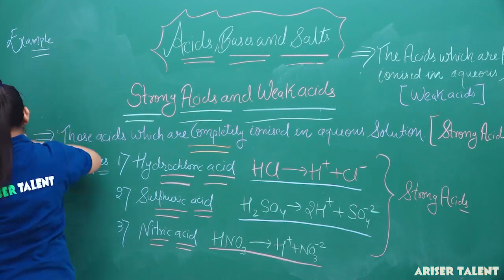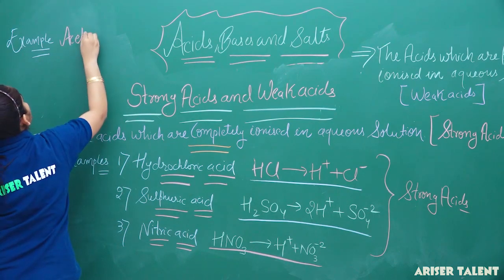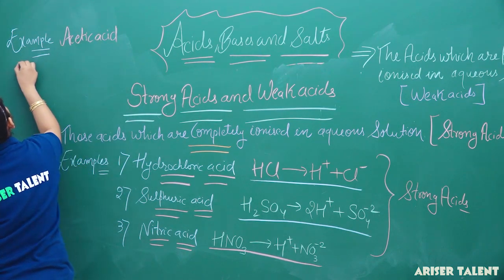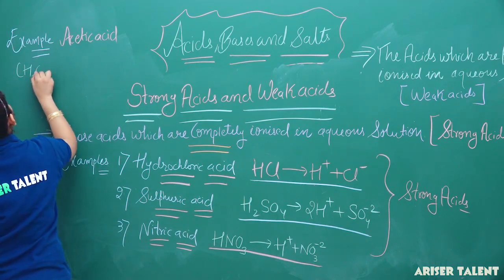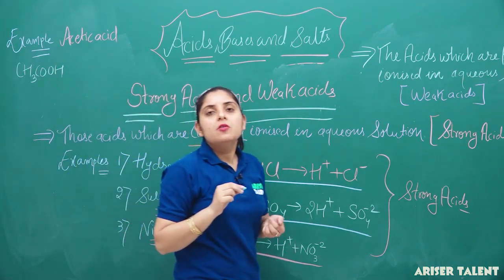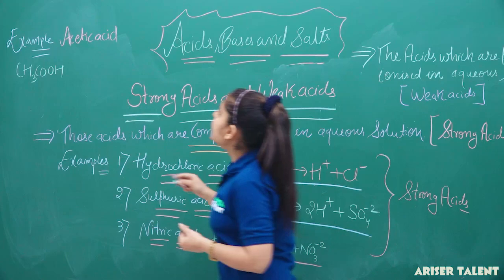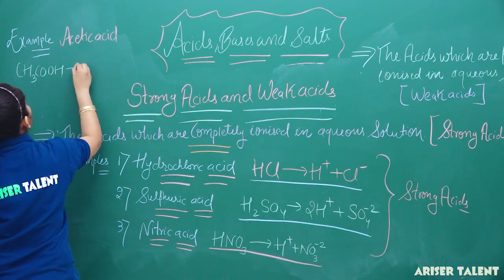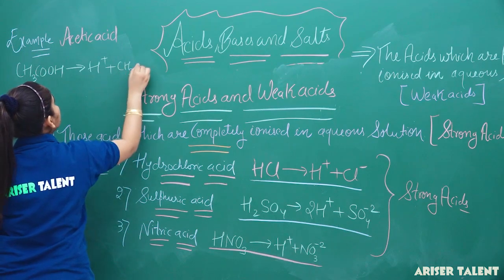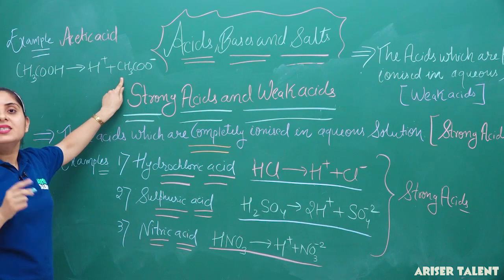Example is acetic acid. The formula for acetic acid is CH3COOH. Now what we will see here, when we dissolve acetic acid in the aqueous solution, it dissociates partially, that is H+, and it will form the acetate ion.